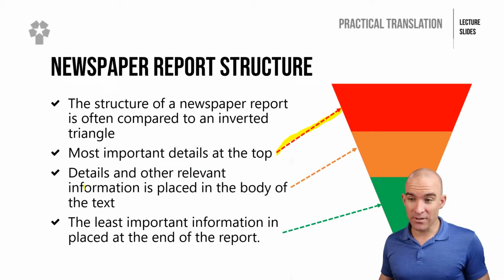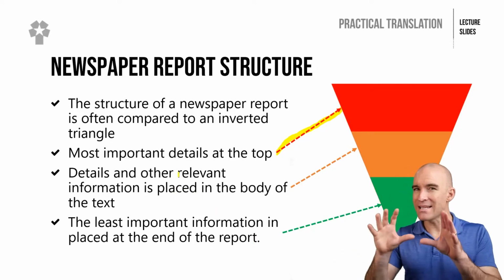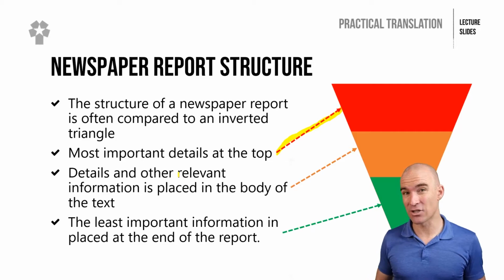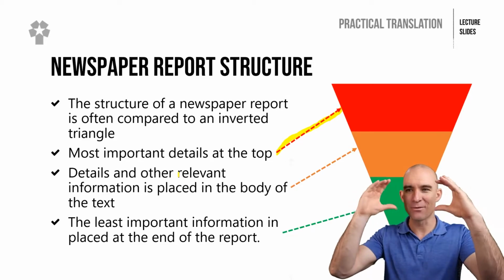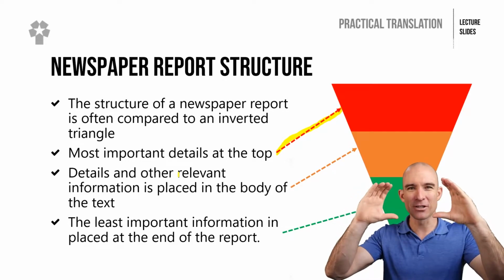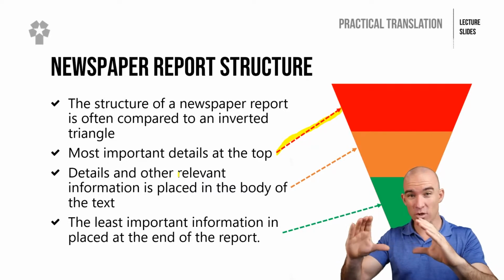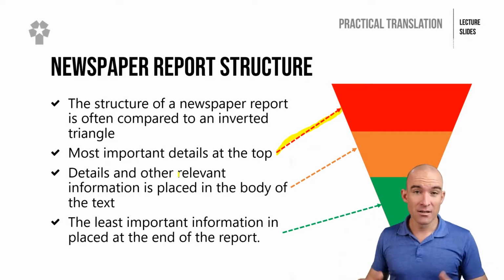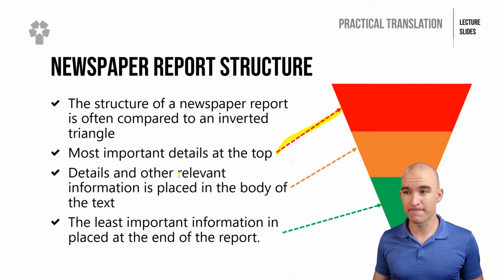Details and other relevant information is placed in the body of the text, and then the least important information is placed at the end of the report. So this is quite different to an essay structure. A newspaper report structure is all about having the most important stuff that's going to grab people's attention at the top, then supporting details in the middle, and then the stuff at the end is just extra information on the end.